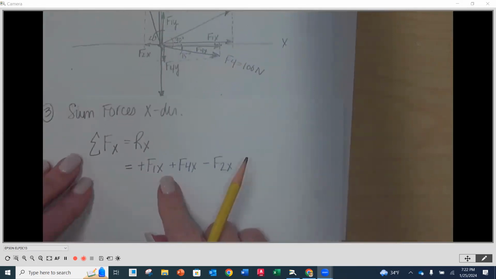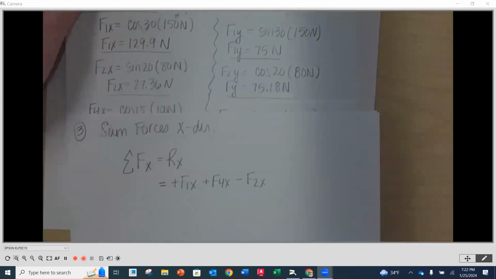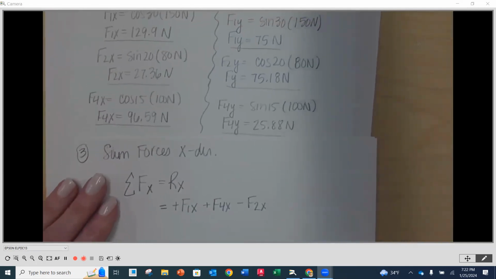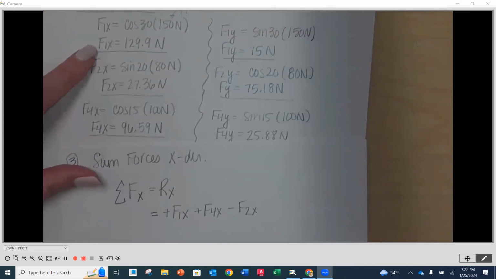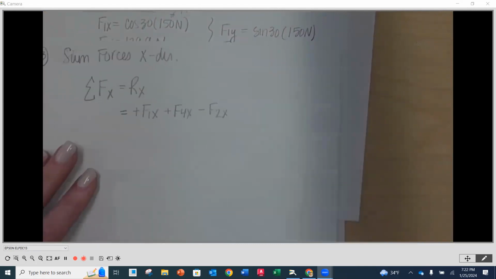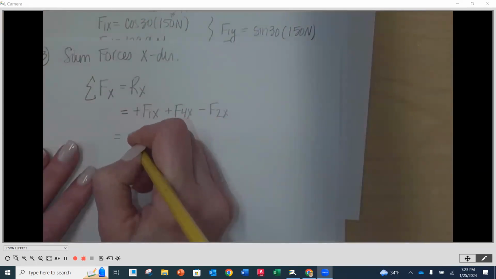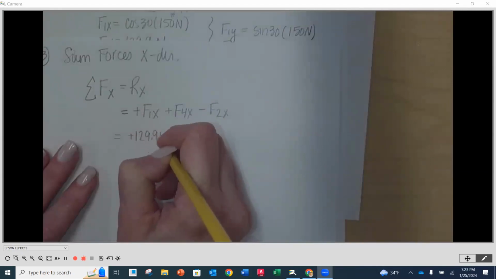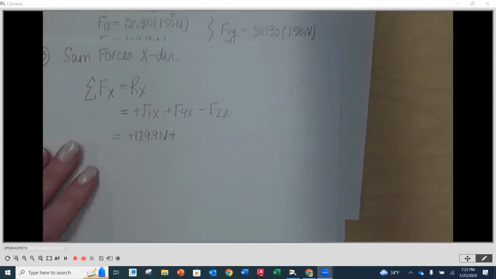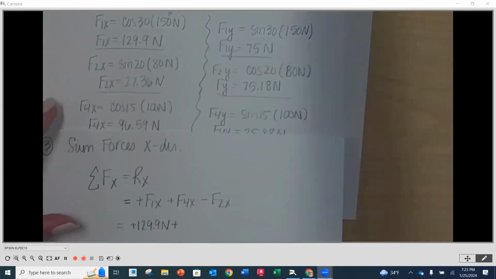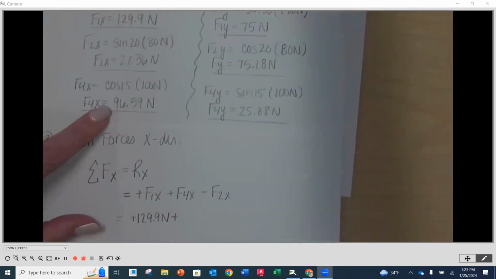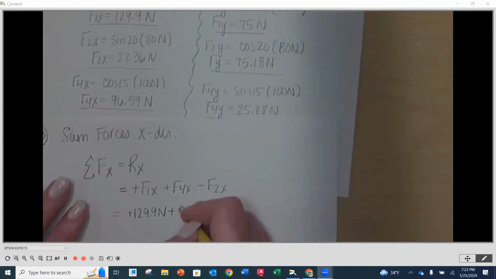Now we're going to put our values in here. So we're going to go to our list of X components and fill in. Okay, my F1X is 129.9 newtons, so this is going to be equal to a positive 129.9 newtons. Make sure you put your units. Then I've got F4X. F4X was 96.59 newtons.